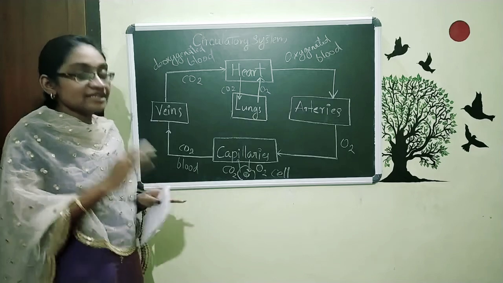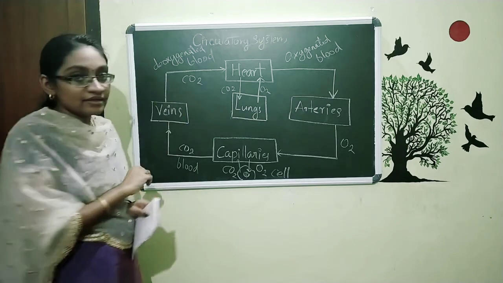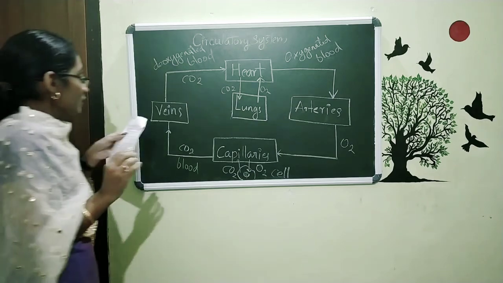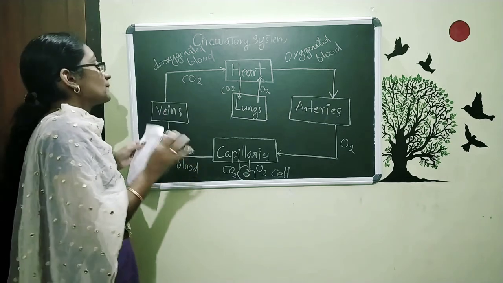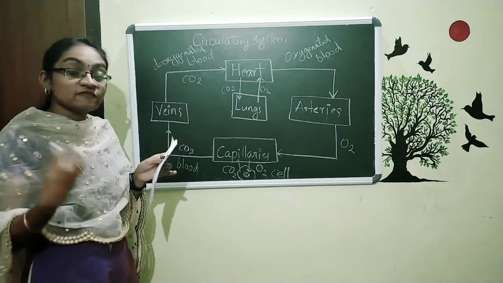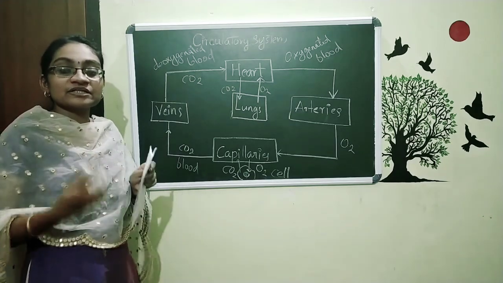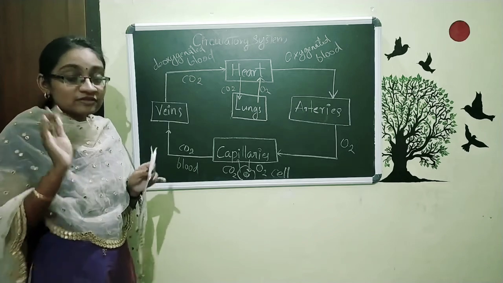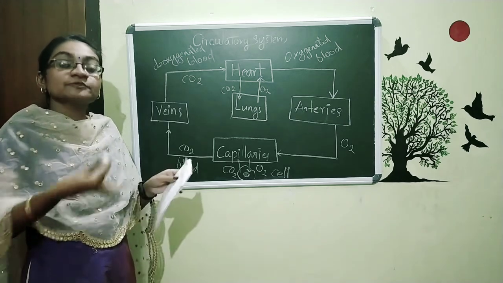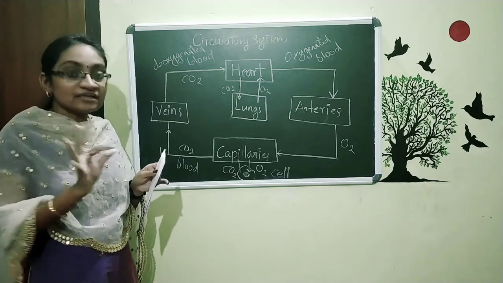It has certain steps and you can see a diagram here. The first step is the deoxygenated blood from the body parts. In our body we have different organs which are continuously working, and because of this these body parts are continuously absorbing oxygen and releasing carbon dioxide.